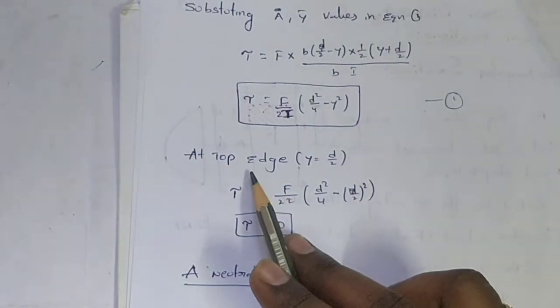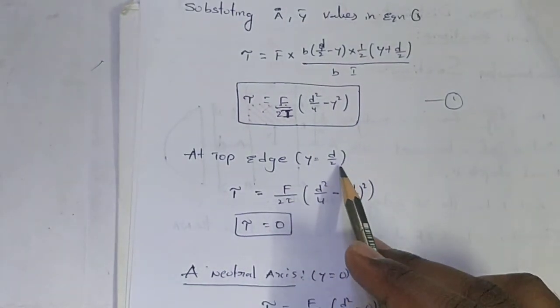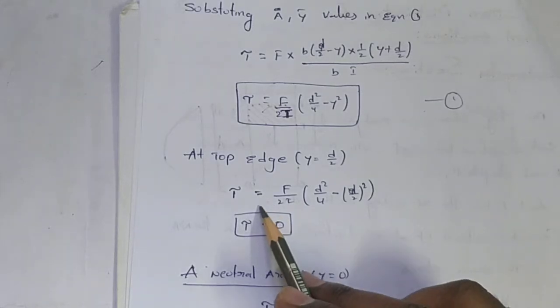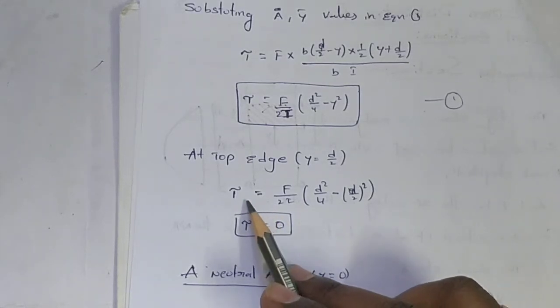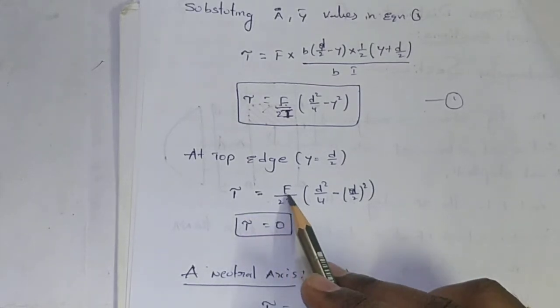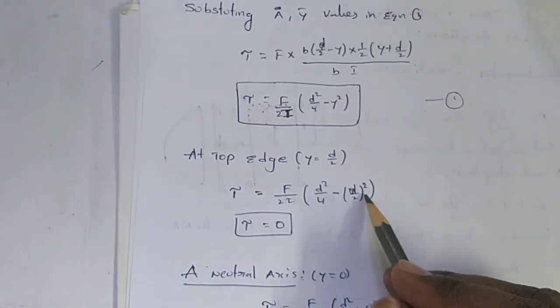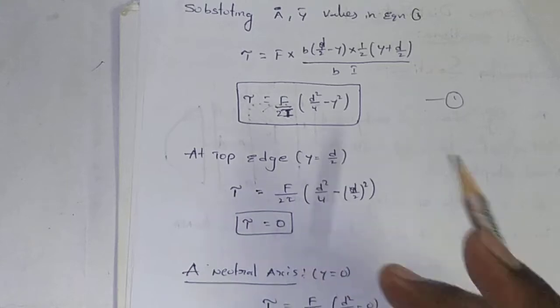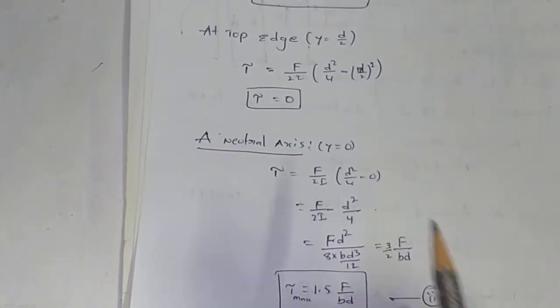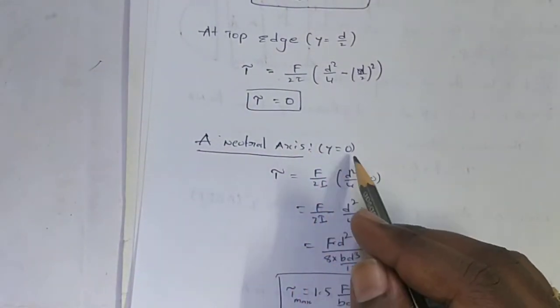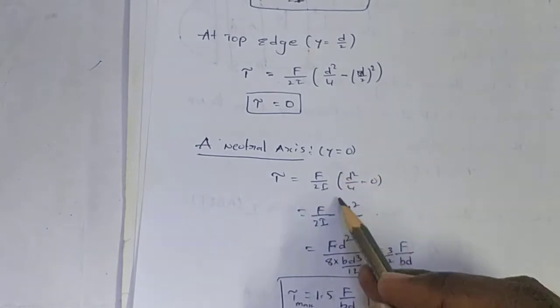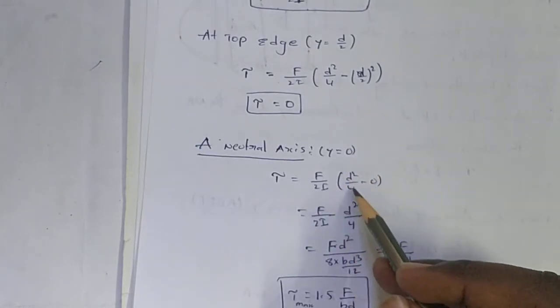At top edge, Y is equal to D by 2. Therefore, tau is equal to F by 2I into D square by 4 minus Y square, with Y equal to D by 2. Substituting this value, we get shear stress at top edge is 0. Next, at neutral axis, Y value is 0, so we get F by 2I into D square by 4.